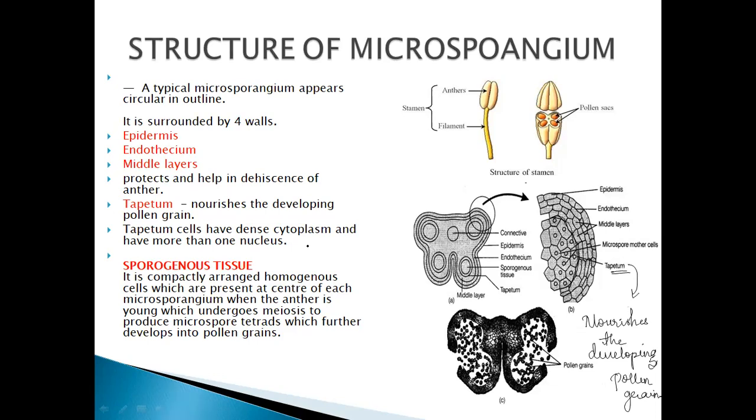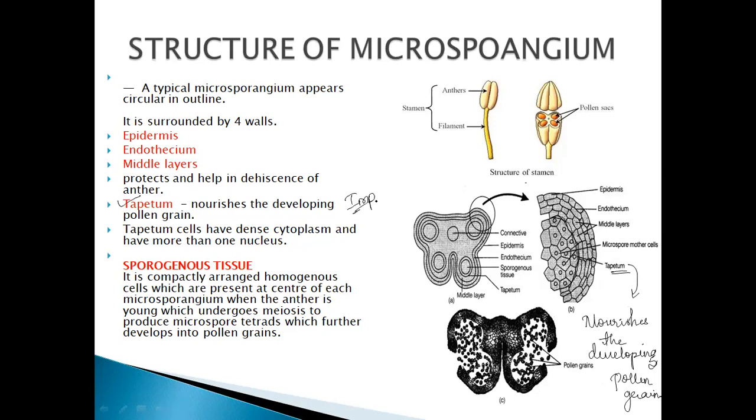Tapetum cells have dense cytoplasm and they are multinucleated. Plus, it helps in the nourishment of the developing pollen grain. It provides nourishment to the developing pollen grain. Very good. So, tapetum is an important question, student.